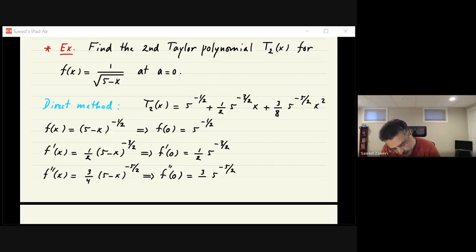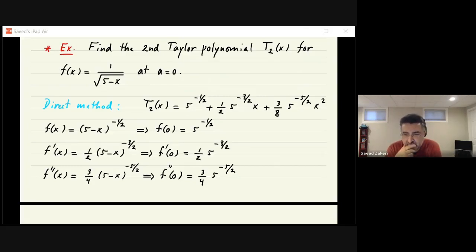How did 3/4 become 3/8 in my formula? Because the coefficient is the second derivative at the origin divided by 2 factorial. That's why the 3/4 became 3/8. But anyway, this is how you compute it directly. It's not too complicated because it was simply the second Taylor polynomial.